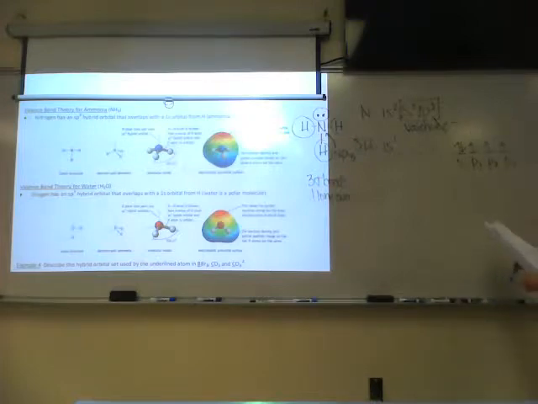Then you have 3 hydrogens. 1, 2, 3. These 3 formed your 3 sigma bonds on nitrogen. And then this right here, this pair, this is your lone pair on nitrogen.